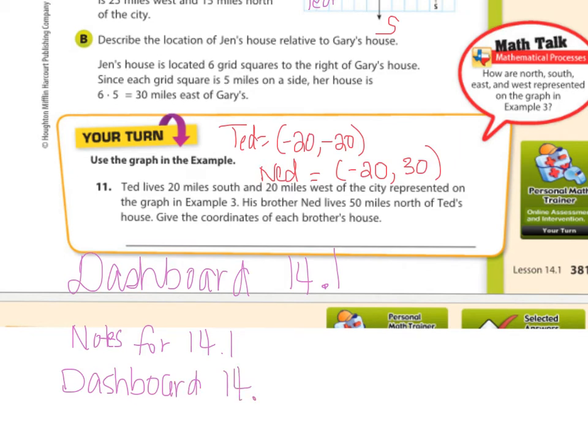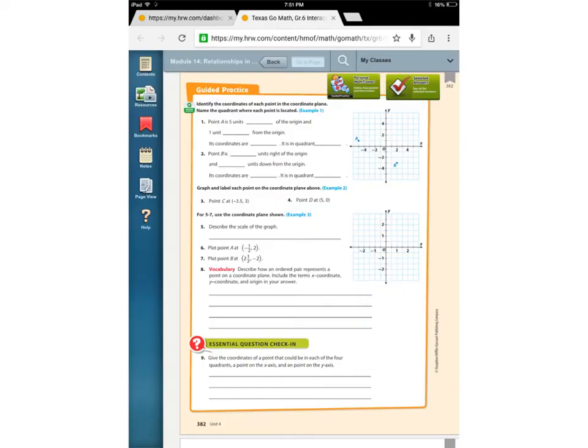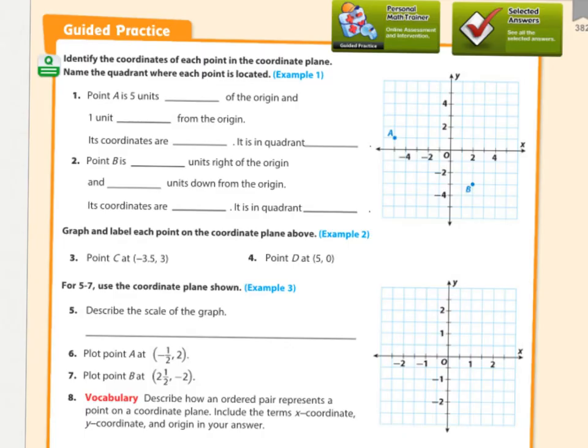So when you go to Skyward, you'll see those there waiting for you. There'll be a check mark and it'll say that you haven't done it yet because you haven't done it. This is due tomorrow. Okay, again, you don't need to take notes. I just want you to listen and watch.